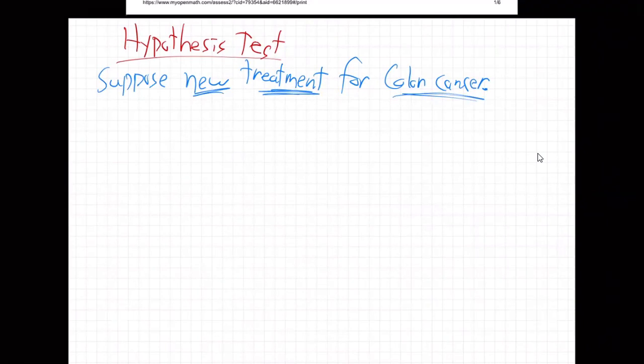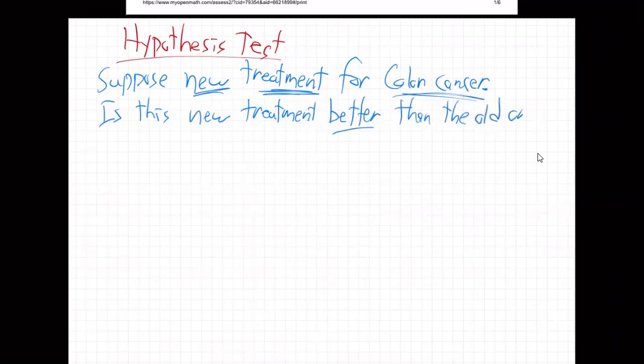And the question is, is this new treatment, this new drug, better than the old one? I mean, that's the whole thing. Is this new treatment better than the old one?